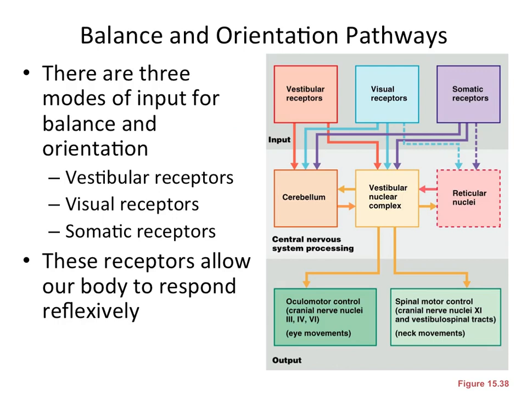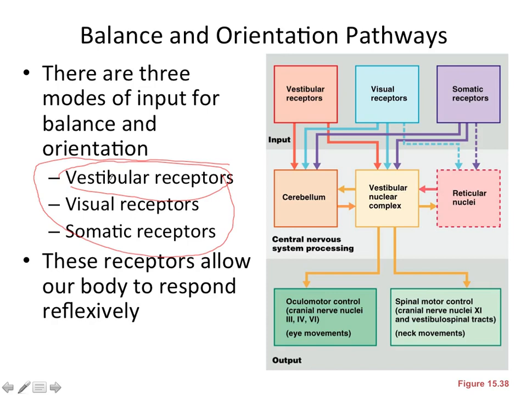So this is the pathway for balance and orientation. For our body, humans actually use vestibular receptors, visual receptors, and somatic receptors to maintain balance and orientation. The vestibular receptors are the receptors in the vestibule and the semicircular canals in the inner ear.